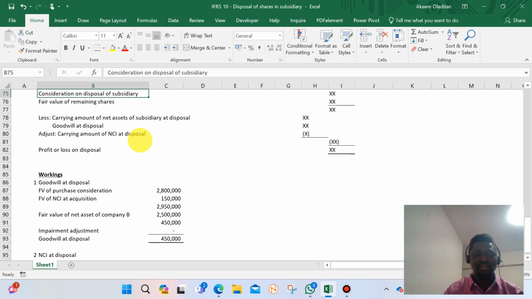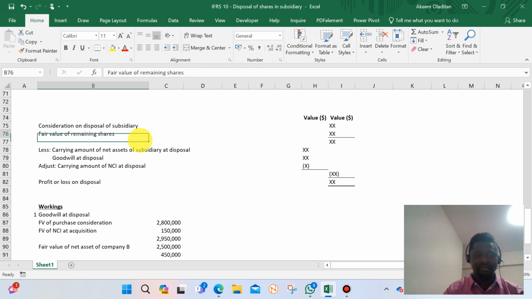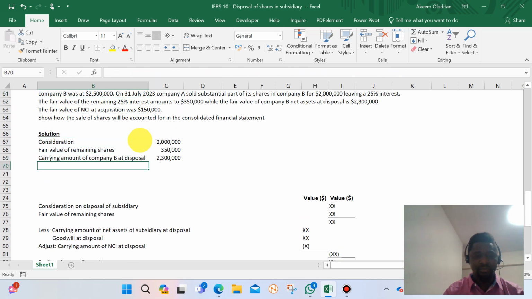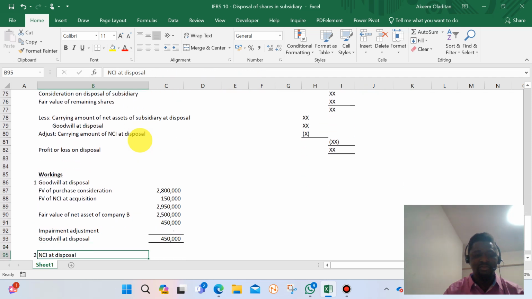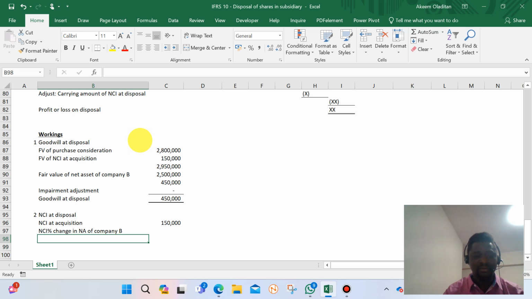Did we experience any change? Let's say what is the net asset at disposal?